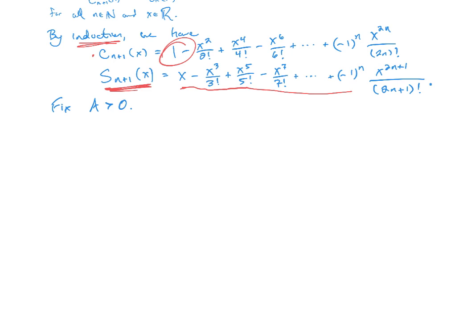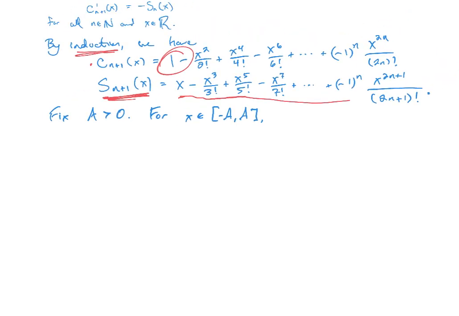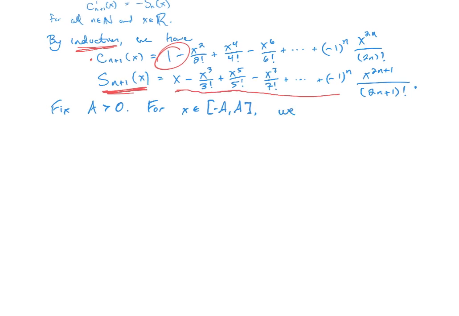Now, let's look at x in that closed bounded interval and see what we get when we compare the tails, two terms in the tail, so Cm and Cn.